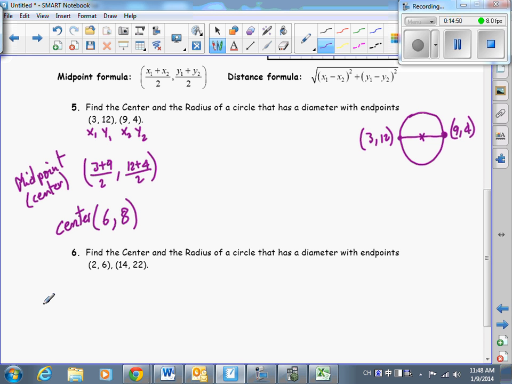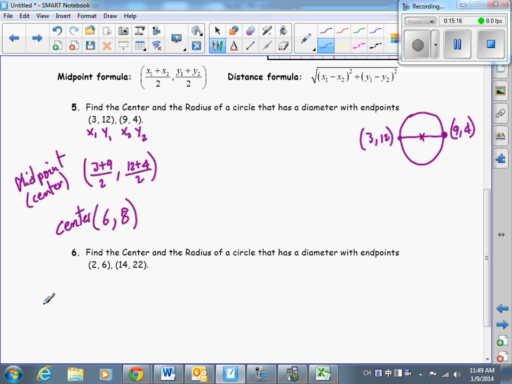Now that you got the center, to know the radius, you have 2 ways of finding the radius. You can find the distance between the center and any of these points, or you can find the distance between these two and divide by 2, because if you get the diameter, divide by 2. Now, which one do you want to use? We're going to use the distance regardless.